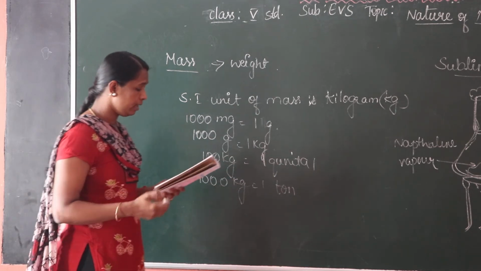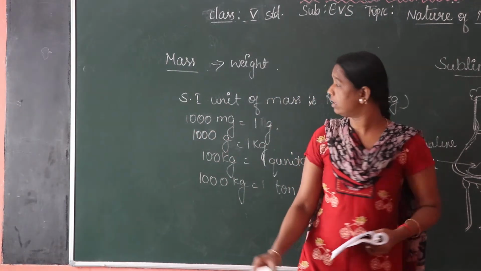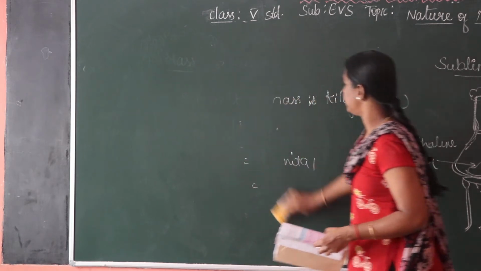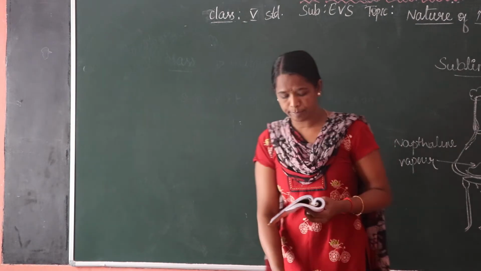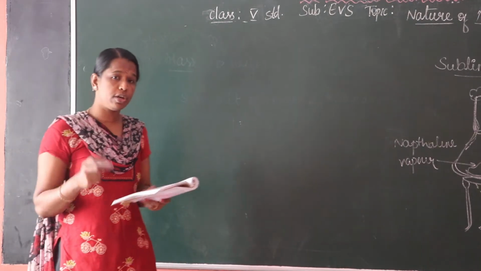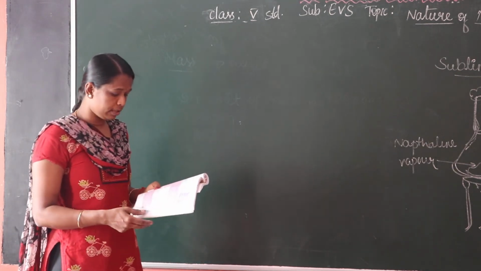Okay, children? And then let us discuss the density of matter. Mass is measured in terms of weight. The SI unit of mass is kg or kilogram. Usually density is measured in the unit kg per meter cube.